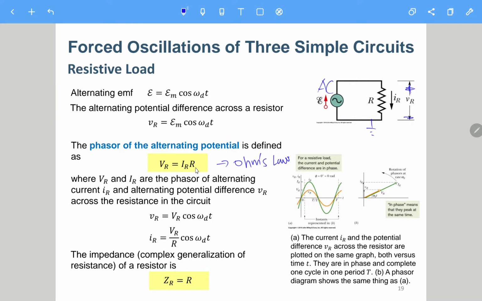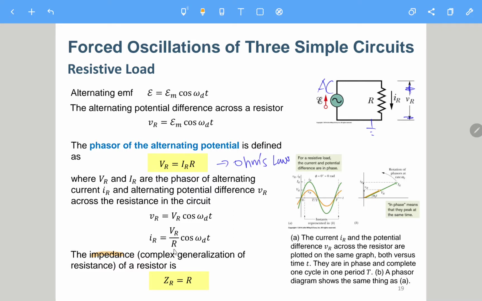So R is the resistance, and later on we'll call this R to be ZR, which is the impedance of the resistor. So the impedance of the resistor is R itself. Actually, vR is the time domain signal, and it equals VR times cosine omega d t, and iR is the time domain current.